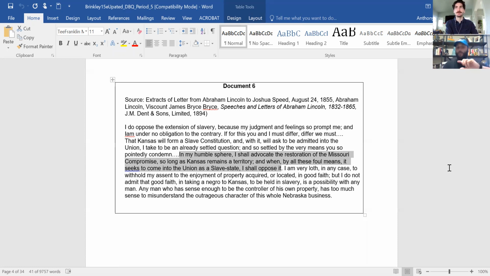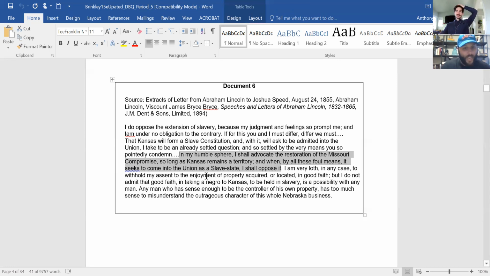And this is where it would tie back to document 1. Because you still have the 3/5 compromise. And so you really are looking at an idea of tipping the balance, tipping the scales for electoral power. If you can manipulate the electorate to benefit you and your platform, then most politicians do it.